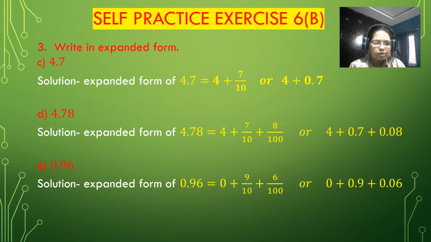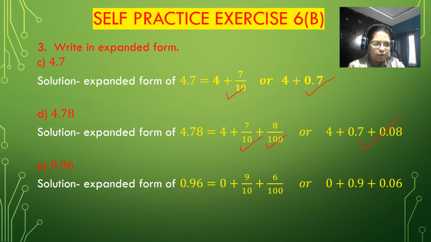The expanded form of 4.7 is 4 plus 7 divided by 10, or you can write 4 plus 0.7. D, 4.78. The expanded form of 4.78 is 4 plus 7 divided by 10 plus 8 divided by 100, or we can write 4 plus 0.7 plus 0.08.